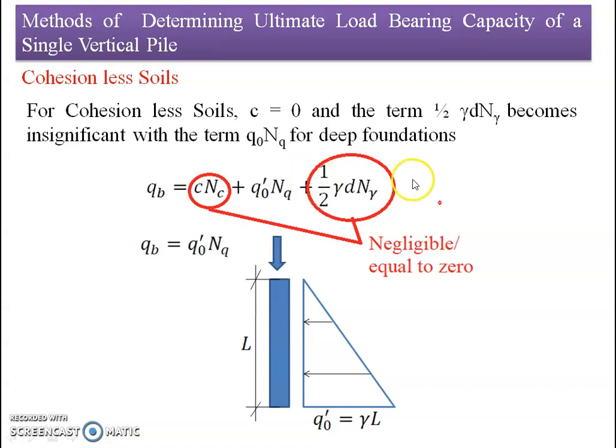As the length to depth ratio of the pile increases, the deeper the foundation, the component one half of gamma into D into N gamma becomes negligible. That's why the two terms from this equation become negligible. Then the QB value is estimated as Q naught dash into NQ. What is the Q naught dash here? It is nothing but the effective overburden pressure.